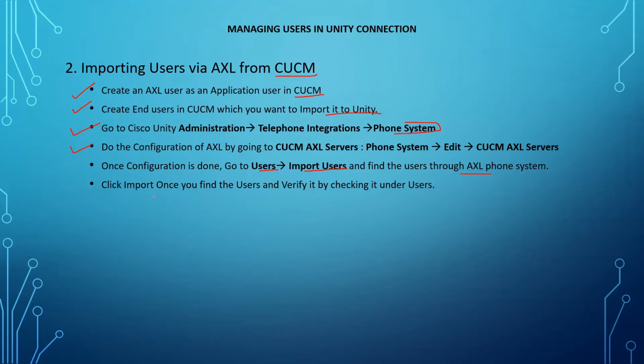I'll show it to you. And then once everything is done, you need to click on import once you find the users, and you can verify it by checking under users as well, right? I hope you are getting this, and I believe you will get it once I'm doing the practical part. So let me show you the practical part as well.